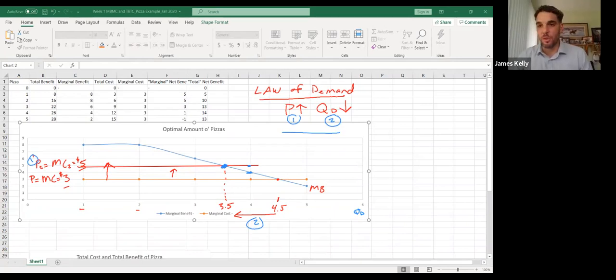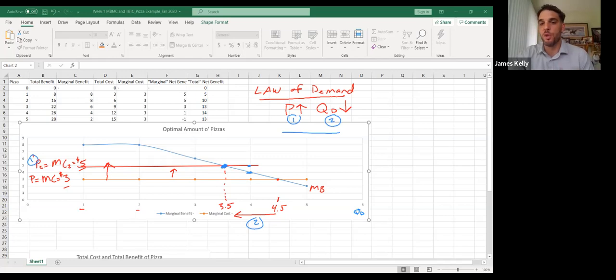On the macro level, if the price goes up, some people don't value pizza at $5. They don't really like pizza that much. Maybe they only value it at $3 for their first slice. Those people are going to completely drop out of the market. So the law of demand works on both the micro level and the macro level.